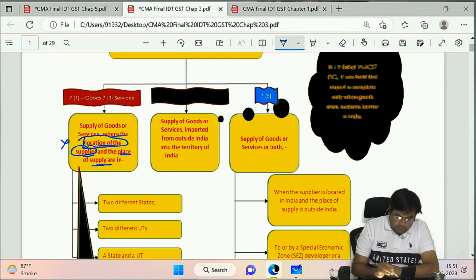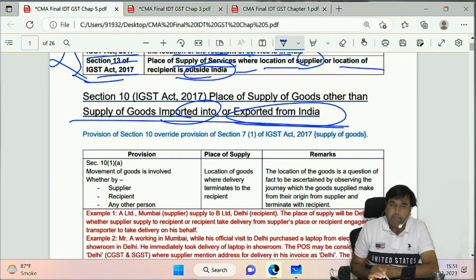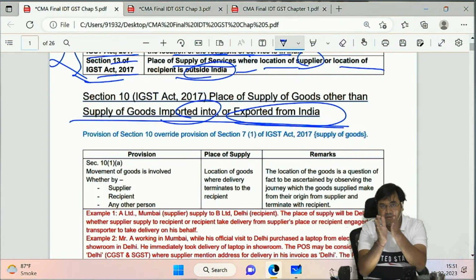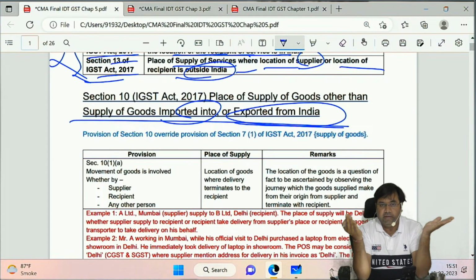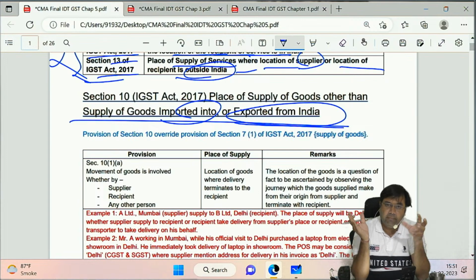Place of supply we are going to determine here. Okay. So these two things we need to see, location of the supplier and place of supply. If they are in two different states, or one state and one union territory, then it is going to be interstate supply. If both of them are in the same state, then it is going to be intrastate supply.